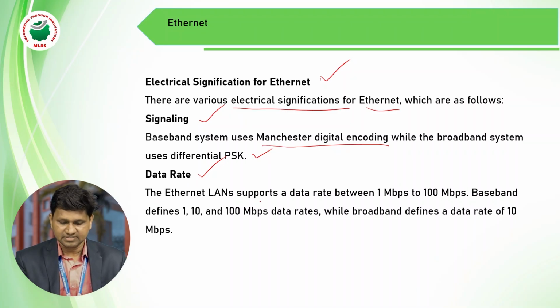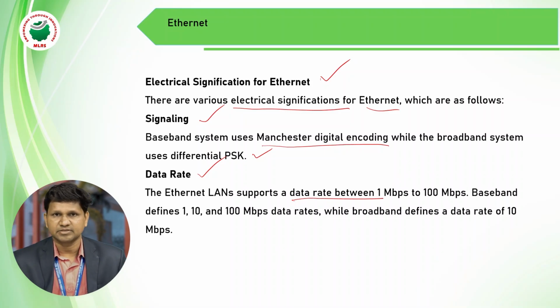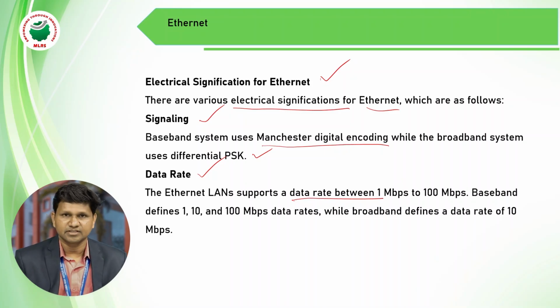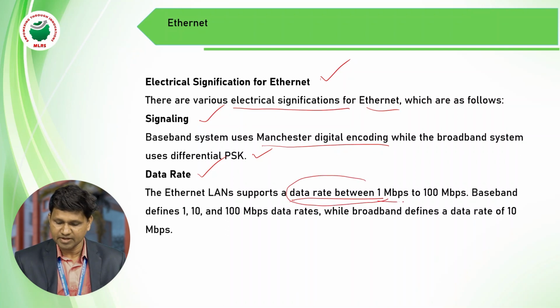Next one is data rate. The Ethernet LANs support a data rate between... Sometimes we may use LAN, sometimes MAN, sometimes WAN, based on the requirement of the user. In these cases, Ethernet LAN supports a data rate between 1 Mbps to 100 Mbps.